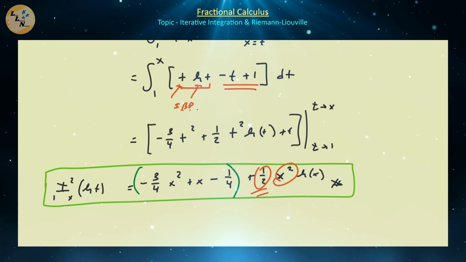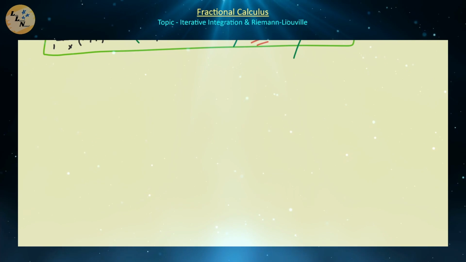So maybe you want to try that on your own, and that shouldn't be too much of an issue. Just a double integration by parts formula there, but that shouldn't be too much of a hassle. So let's see if we can try to generalize the operator that we're actually working with here.